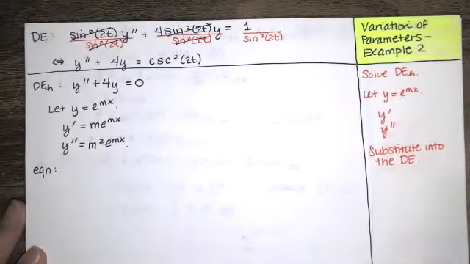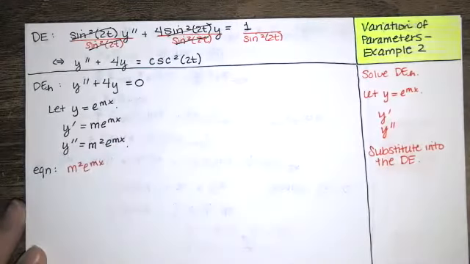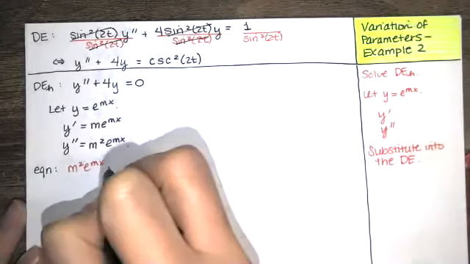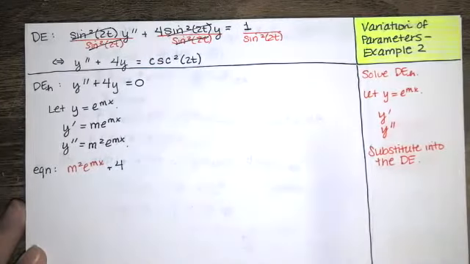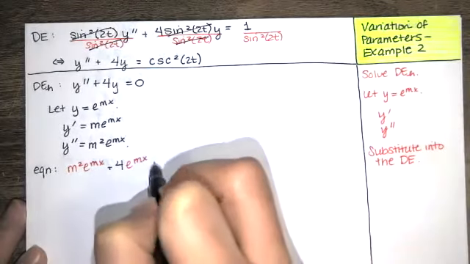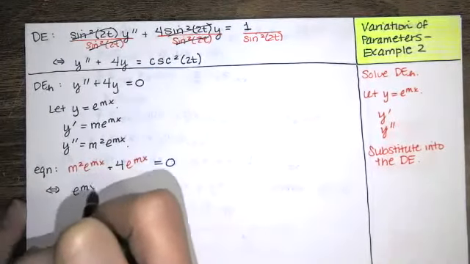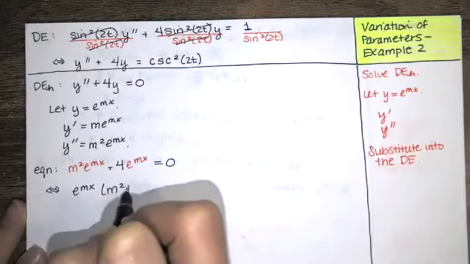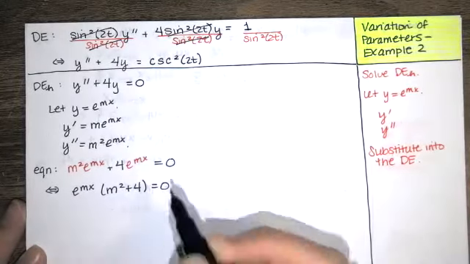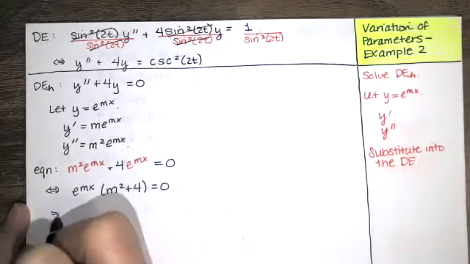We're taking the first and second derivative only because the differential equation is second order. And so we get this. Y double prime is m squared times e to the mx. Then we add 4 times y, which was e to the mx. We set that equal to 0. And then you can factor out the e to the mx. And we're saying this times this equals 0, but exponentials are never 0.